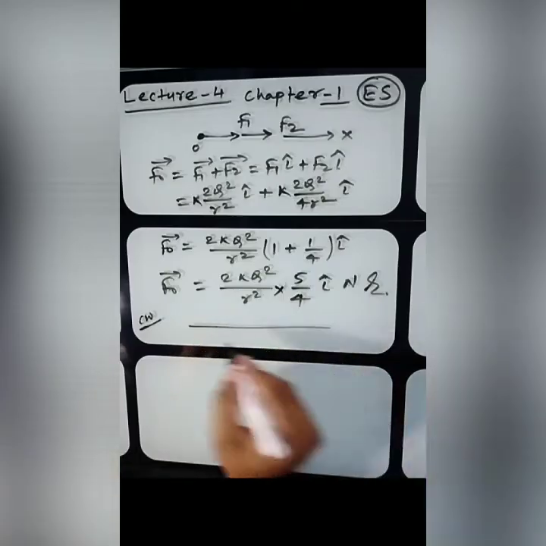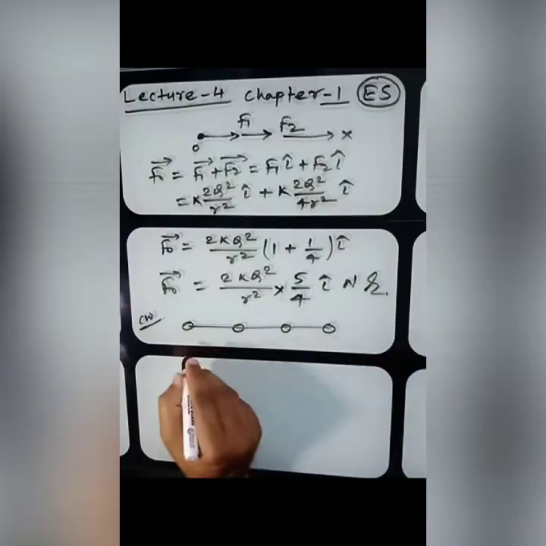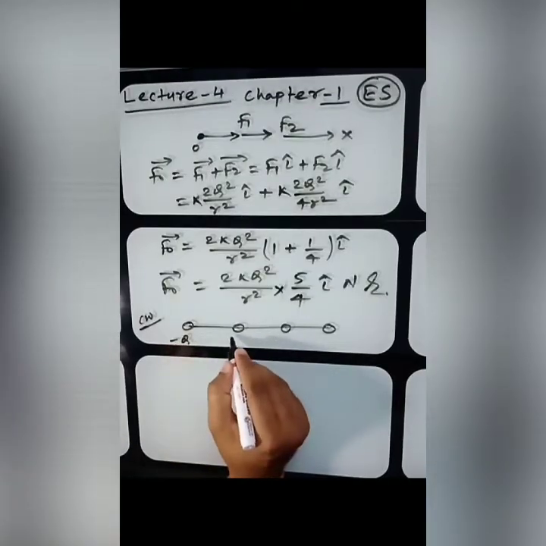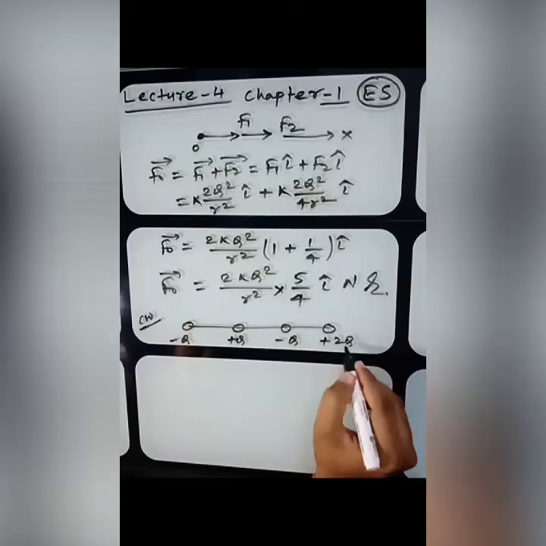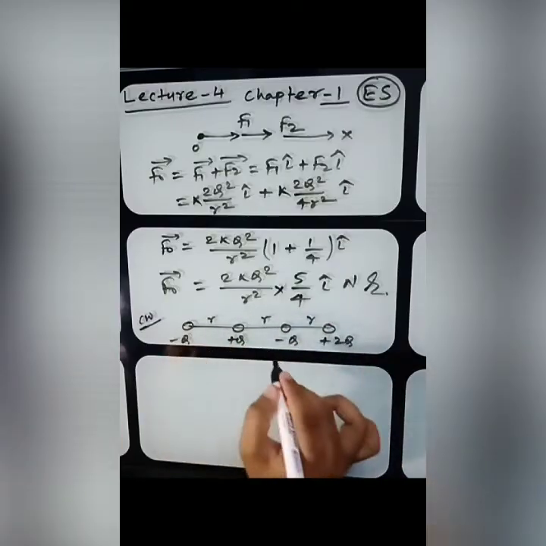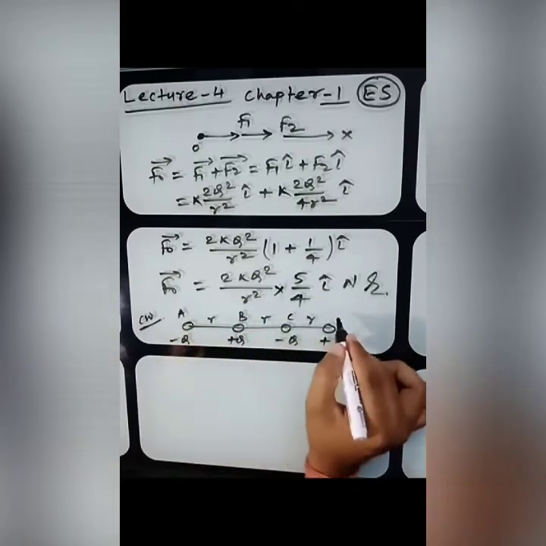Here, 4 charges I am giving you: Q, minus Q, plus Q, minus Q, plus 2Q. The separation is R. And these are A, B, C and D.